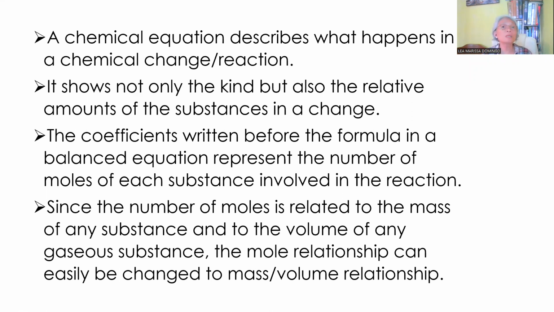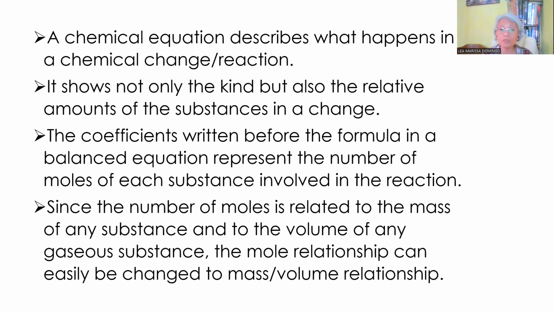So we know that a chemical equation describes what happens in a chemical change or in a chemical reaction. A chemical equation shows not only the kind of the substances involved in the reaction, but also the relative amounts of the substances. Why is that so?